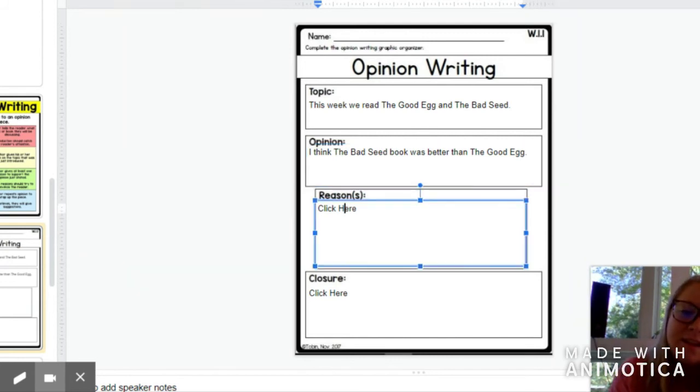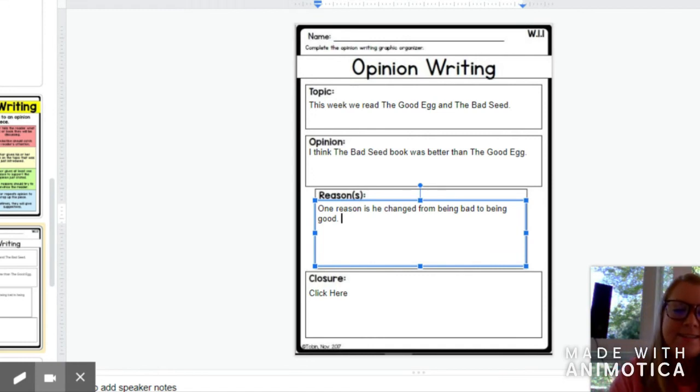So how he felt changed. So that's one reason. And remember to do this, write our reasons. We had some sentence starters we can use. We can say one reason is he changed from being bad to being good.